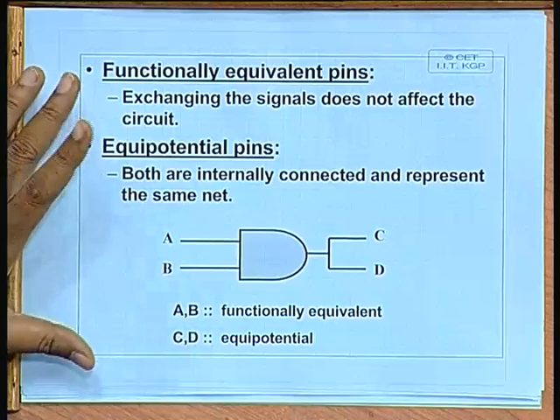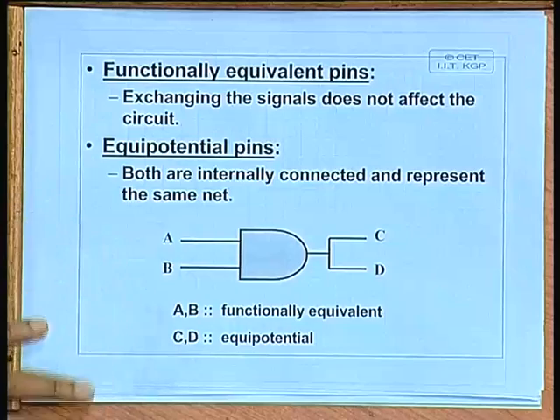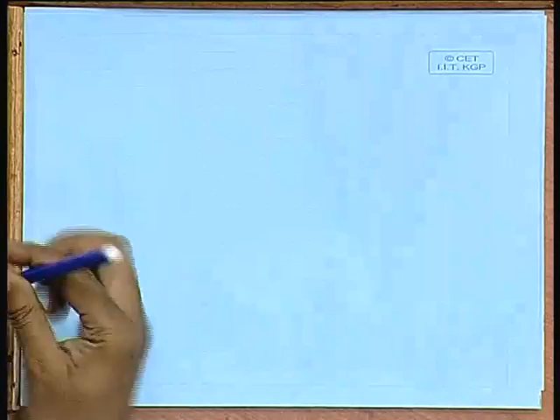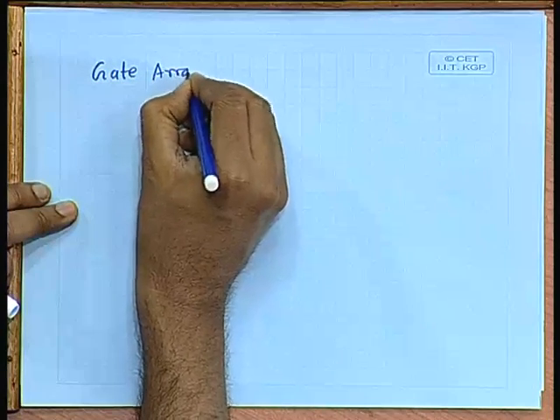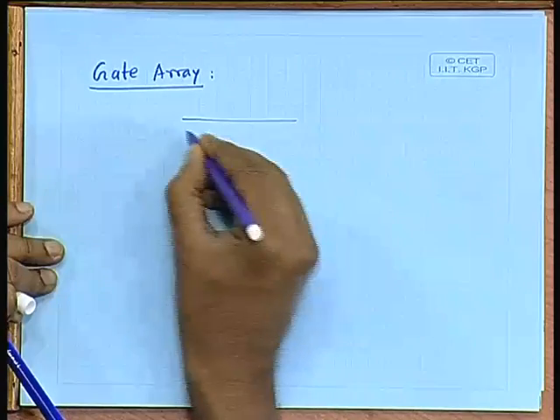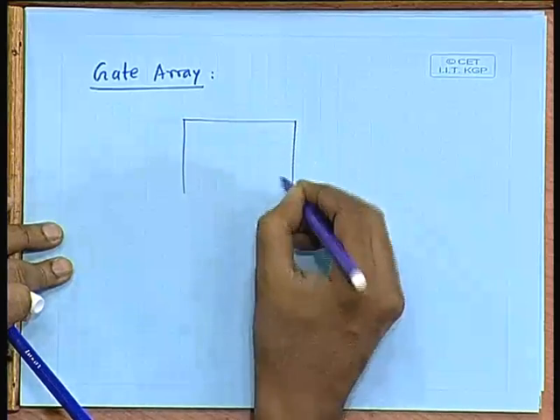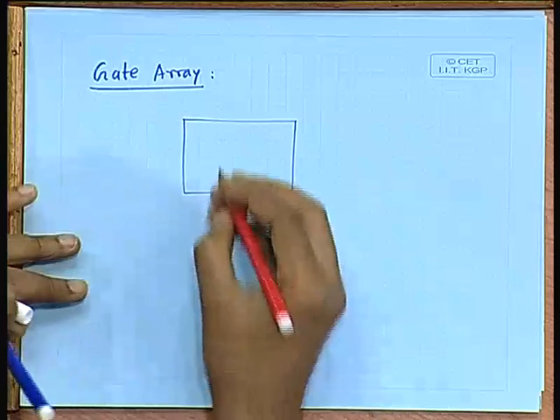Now, let us see how this matters in terms of final placement or routing. Well, I am taking a very simple example. Suppose we talk about gate array designs. In a typical gate array, the chip will consist of a large array of simple gates, say 2 input NAND gates. So, in terms of the layout, a particular cell for a gate may look like this.